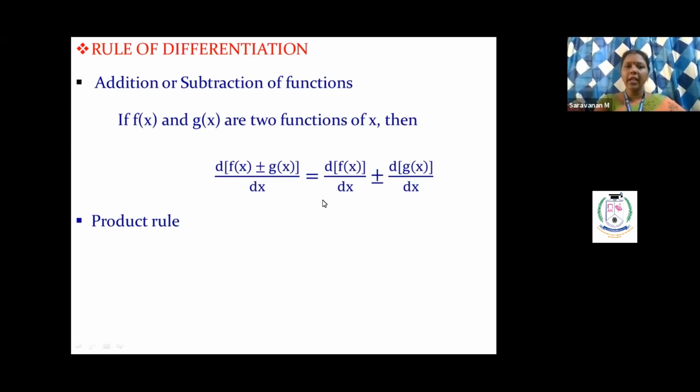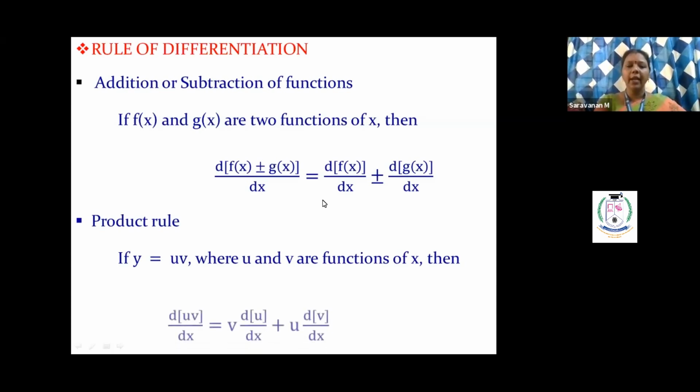So this is called the addition or subtraction of functions. Now the product rule. For the product rule we must have two functions, then only we can proceed. Consider y is equal to uv, where u and v are functions of x. Then we differentiate with respect to x.